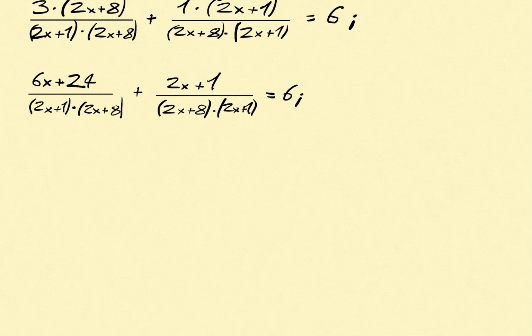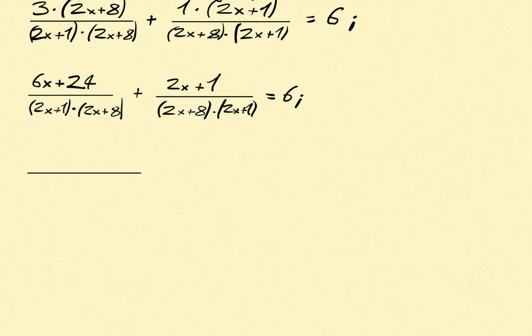So I'm going to leave a common denominator for both. So that will be 2x plus 1 times 2x plus 8. That's what both of them have. And then I'll just sum these two fractions.